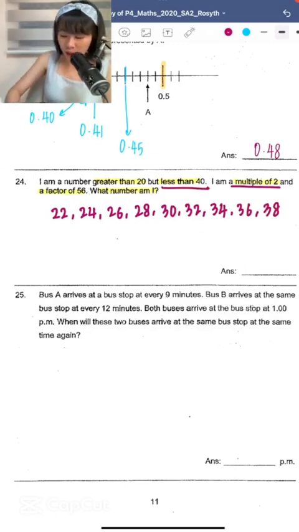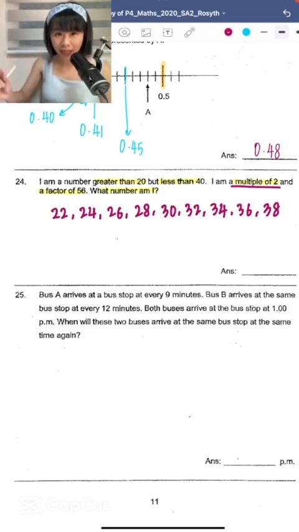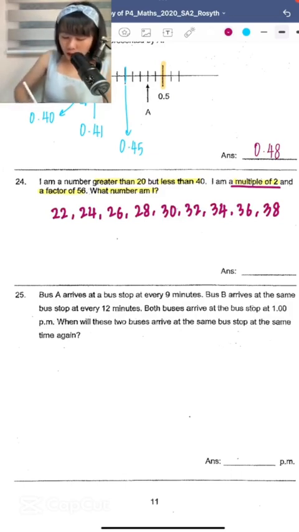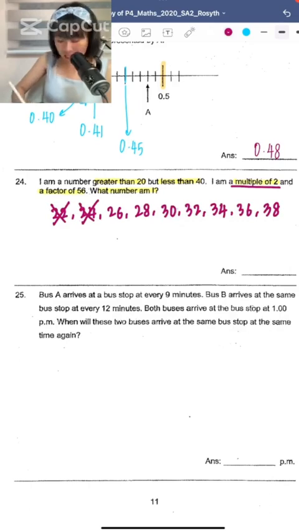I cannot count 40 already. Factor of 56 means you can use 56 and divide by the number. Can you take 56 divided by 22? Cannot. Out. Can you take 56 divided by 24? Cannot. 56 divided by 26? You can try. Cannot. And what about 28?